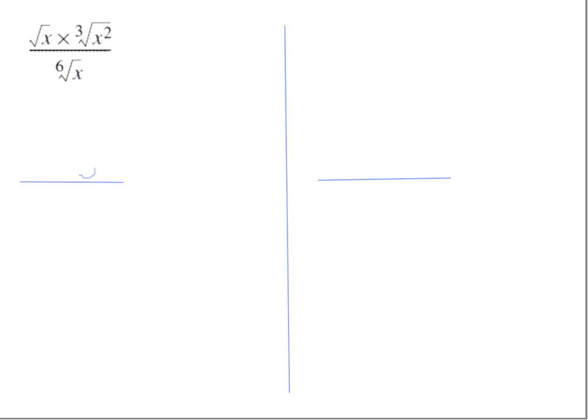Try again, Michaela. So we'll just put x times x, and I'll put x here, and you can just write the fractional indices. Can you write just the indices? So that's half. Good.